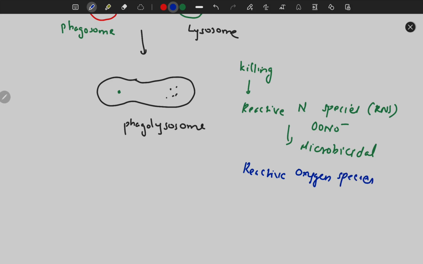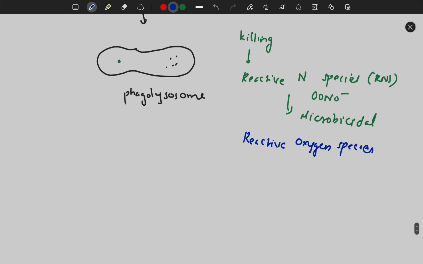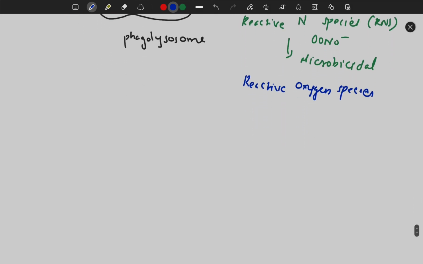The oxygen will be converted into the superoxide free radical with the help of NADPH oxidase.